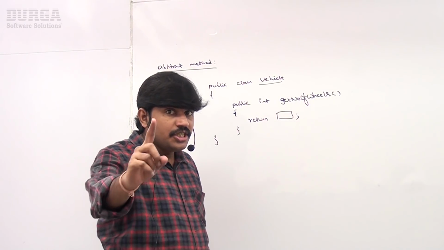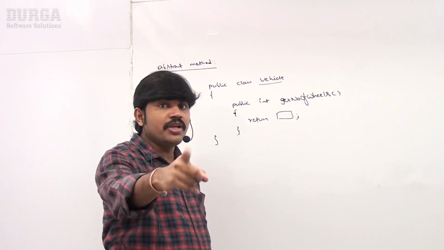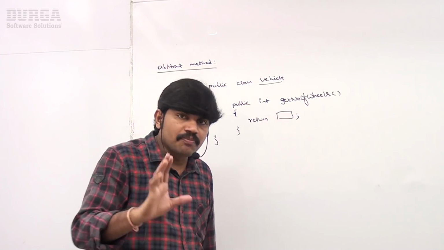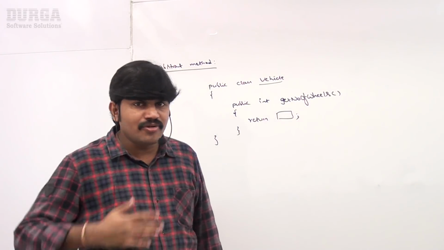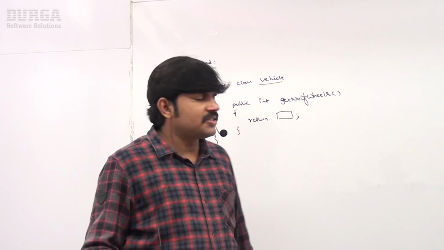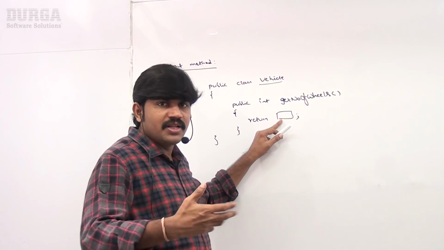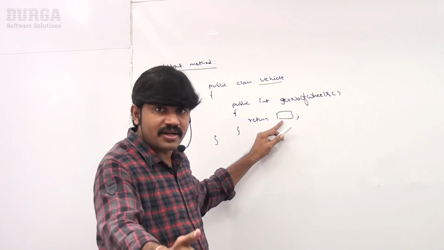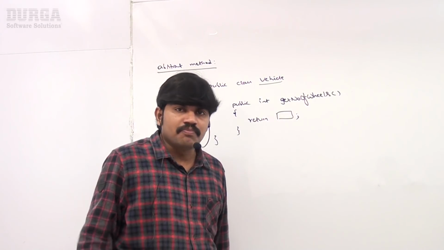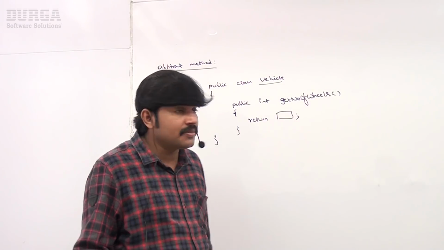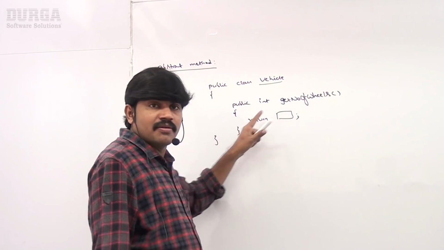Sir, even though we don't know about the implementation, still we can declare a method. I don't know how many wheels, which number I have to return. Sometimes I may not be aware of the implementation of a method.